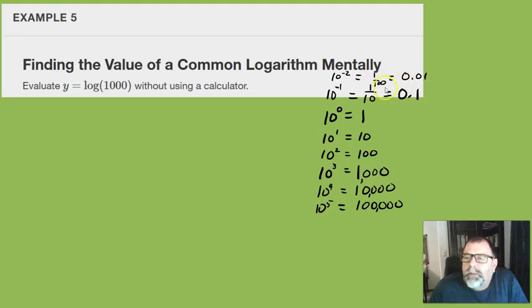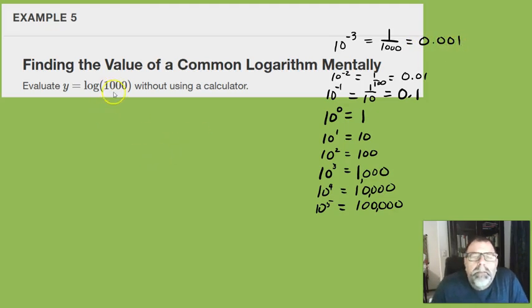You can think of it as the number of zeros with 1 over 10, 100, 1,000, whatever. So 10 to the negative 3 would be 1 over 1,000, or 0.001. So that's 3 decimal places.